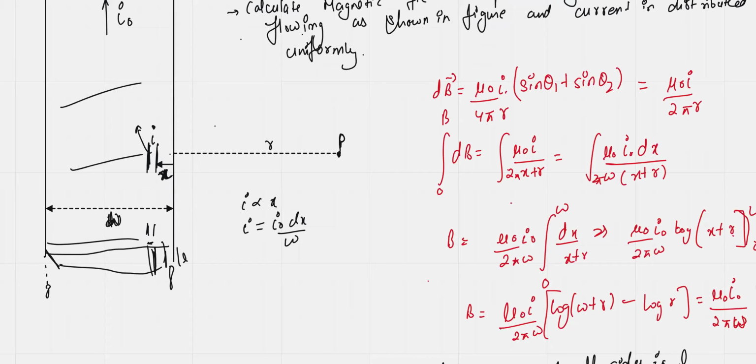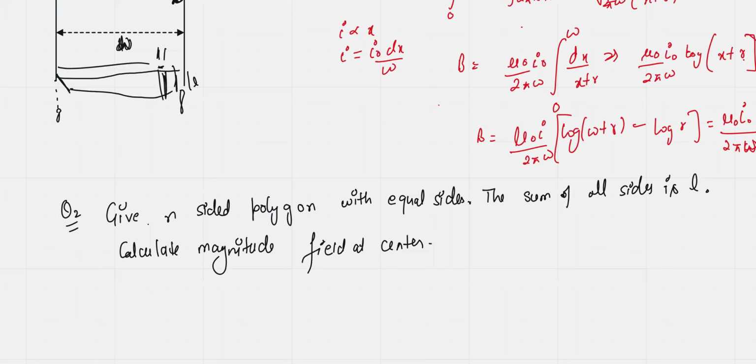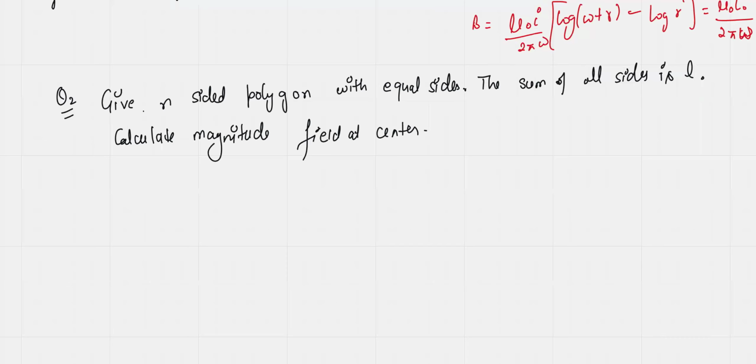So yes, Kirtana, if you understood the problem, please let me know. Here, what I'm saying is, you are given an n-sided polygon. I'll just give you some examples. The minimum polygon which I can have is three-sided.